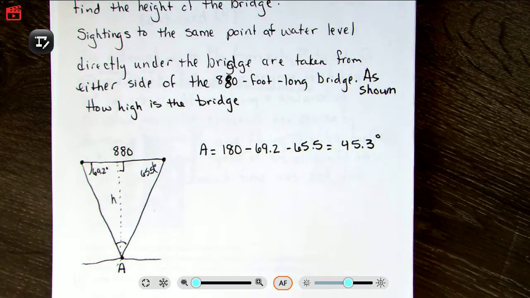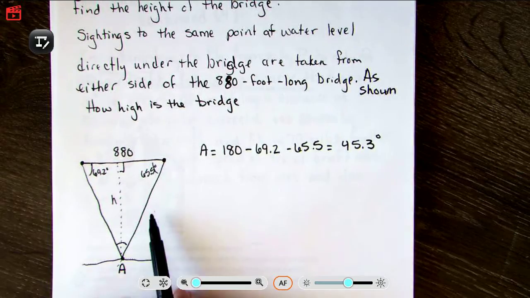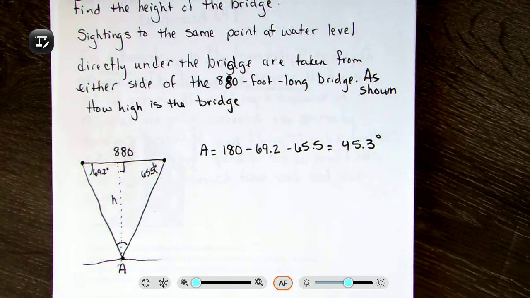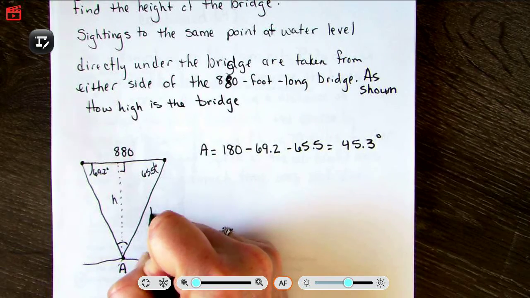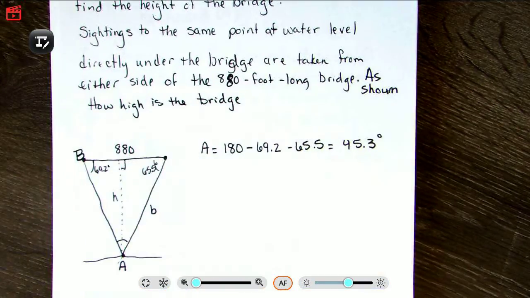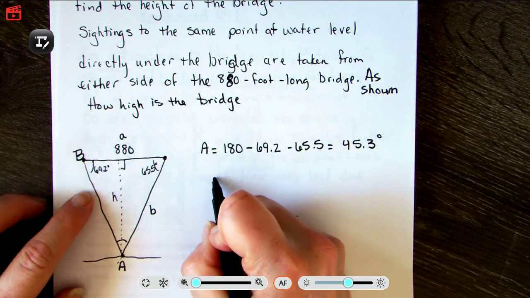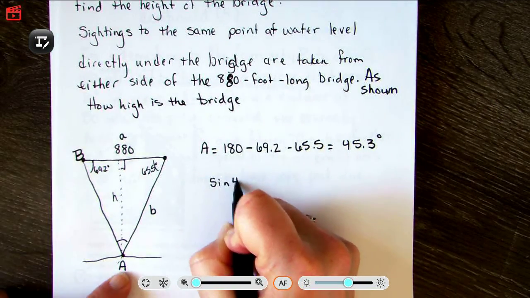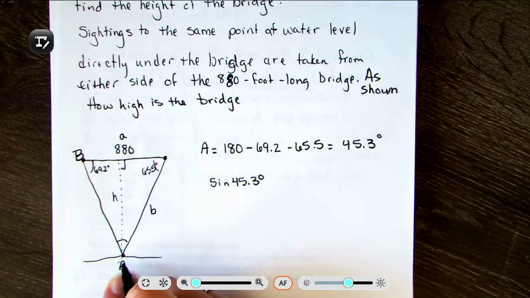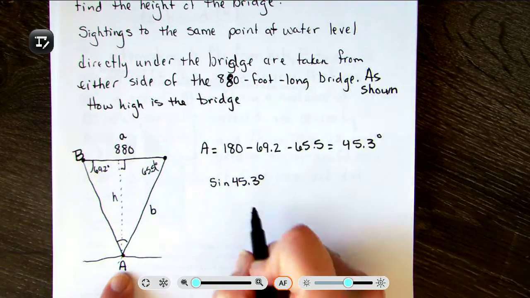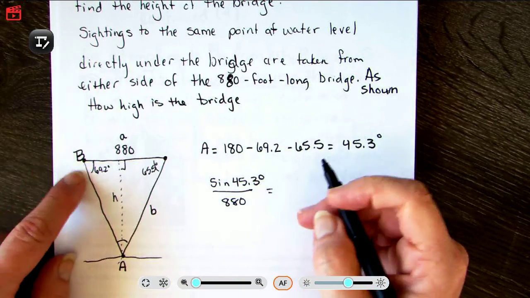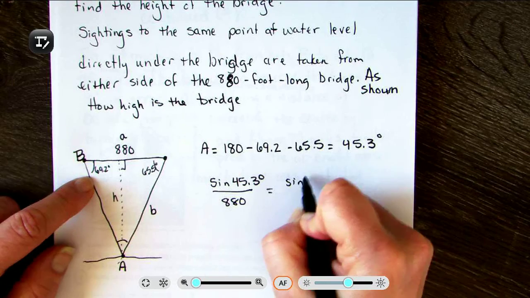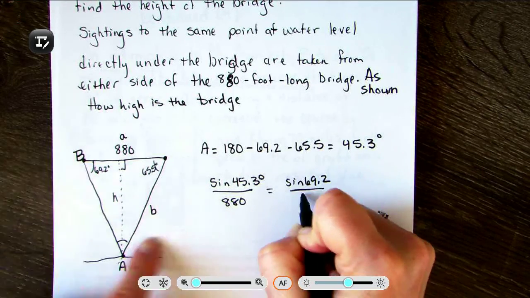And now I can set up law of sines to find one side or the other. It really does not matter. I'm just going to find this one. We will call this guy little b. So here's my capital B. This will be my little a. So I know that the sine of 45.3, which is my A down here, over that 880, the total length there, is going to be the same as the sine of 69.2 over this b.